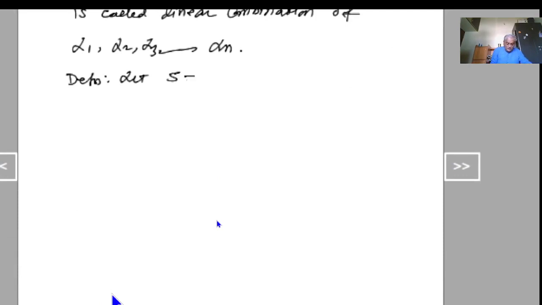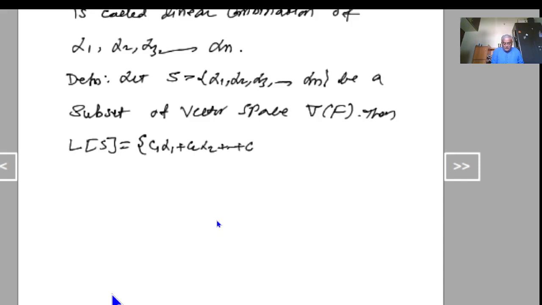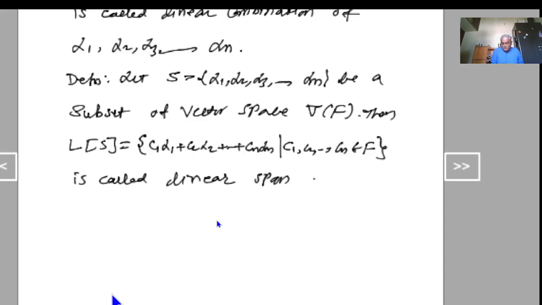Let S is equal to, say, alpha 1, alpha 2, alpha 3, up to alpha n be a subset of vector space V over the field F. Then the set, we denote by L of S, is nothing but C1 alpha 1 plus C2 alpha 2 plus up to Cn alpha n, where C1, C2, C3, up to Cn belong to F, is called the linear span of the subset S. Okay.